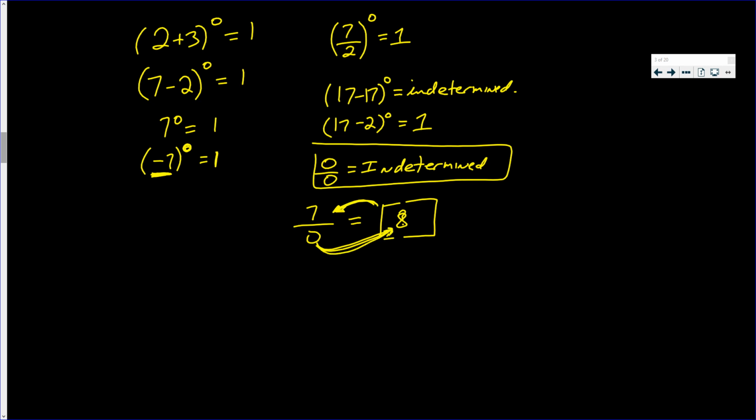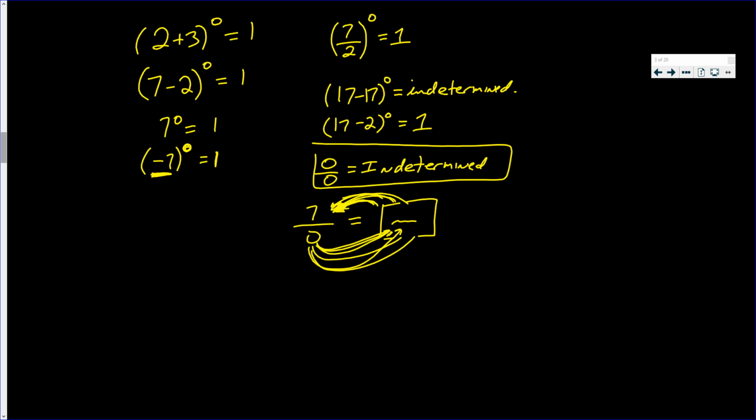It's not 7. Well, some students will say, oh, it's negative 7. Nonsense. 0 times negative 7 is 0, which is not 7. So, oh, it's 0. Well, 0 times 0 is 0. It's not 7. No matter what number you put in here, 0 times that number is 0.